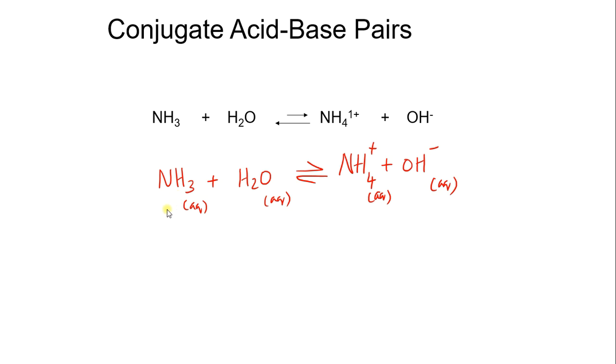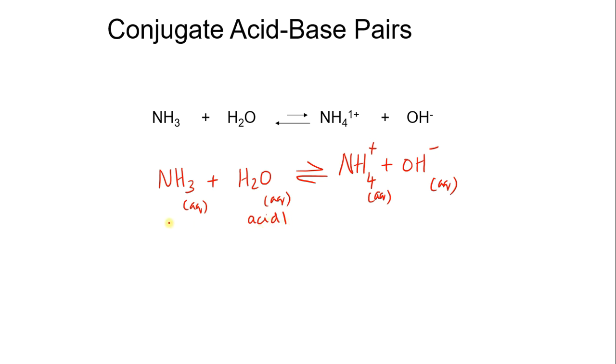Okay, now here you can see ammonia is actually accepting the proton from here. So in this case, the water is acting as the acid, right? Because that is transferring the proton. So we label this as acid 1. At any stage, stop the video, pause the video, and then you can actually try and then check if you got it right.